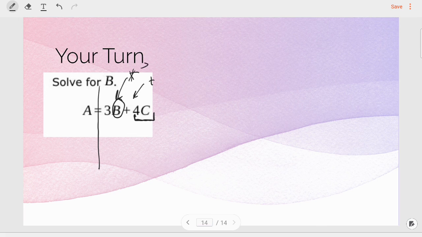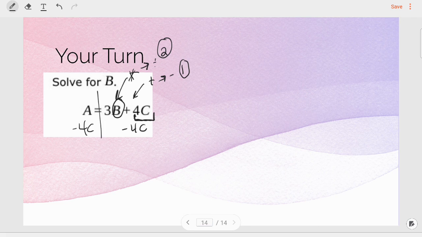So I'm going to get rid of the multiplication with division and the addition with subtraction. Which do I undo first? I always undo the addition and subtraction first. So because there was addition of 4c, I'm going to subtract 4c. Make sure you go to the other side of this line and subtract 4c.